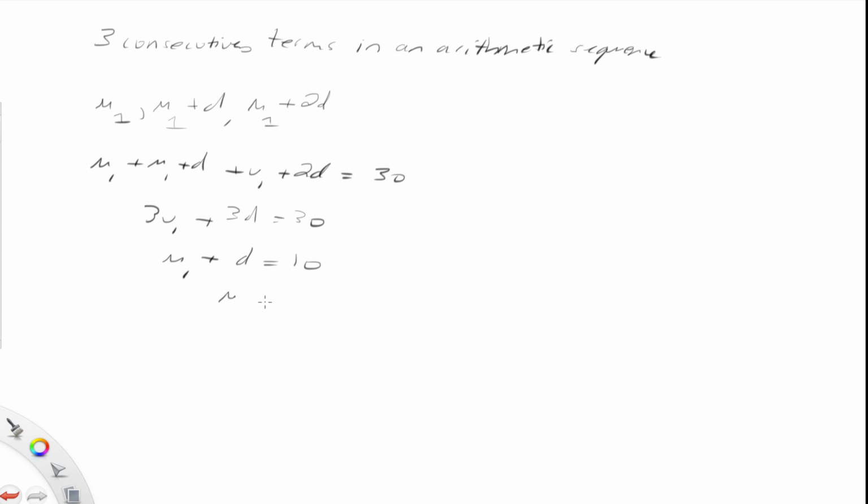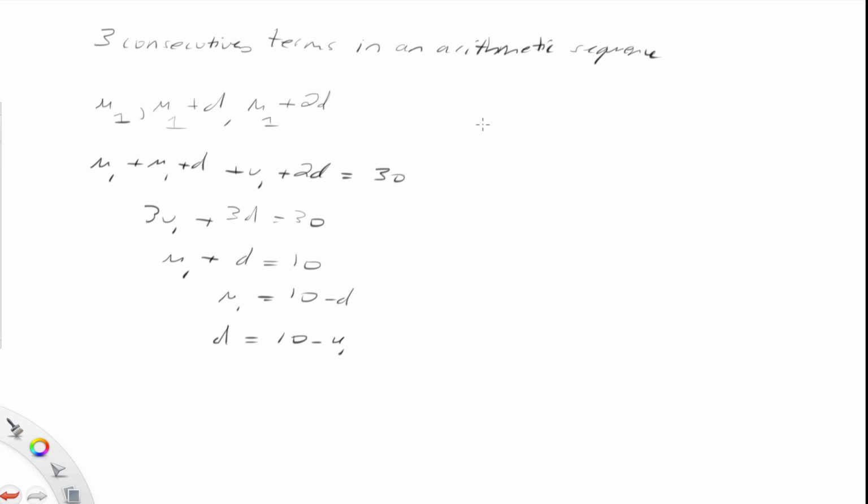So we can also deduce that u1 is equal to 10 minus d, and d is equal to 10 minus u1. So that will be helpful later on when we look at the product of these 3 consecutive numbers.